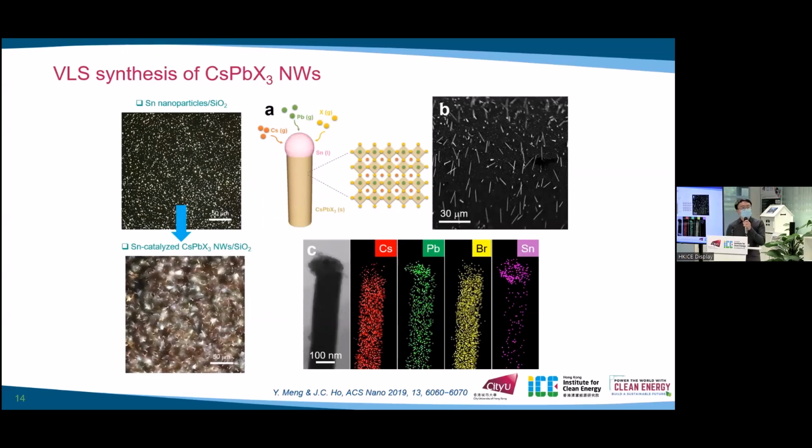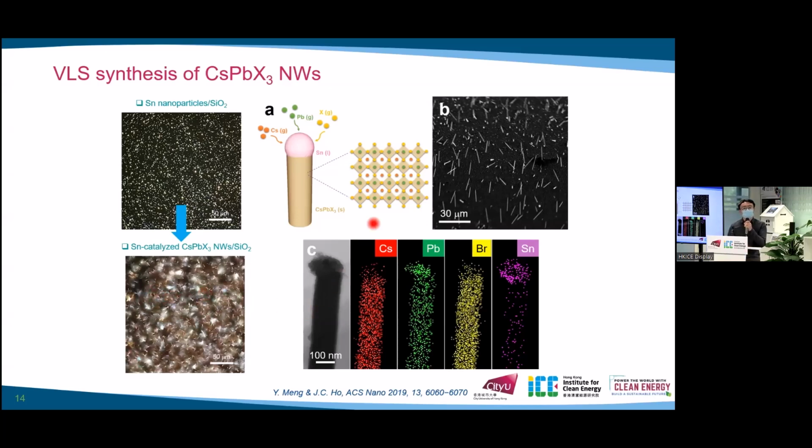And how to realize the VLS synthesis of cesium lead halide nanowire? First of all, the tin nanoparticles were drop casted on silicon oxide, and then a CVD system was used to produce the nanowire.